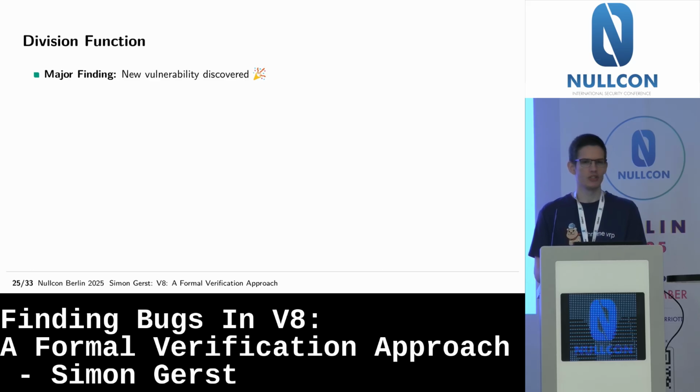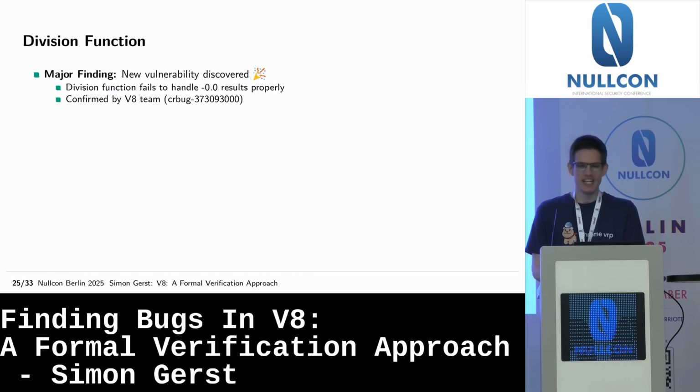And yeah, I was lucky enough to find a new bug in the range analysis. And again, the division, I think all the 3 bugs handle the special -0 edge case incorrectly. And my new finding also finds that they handle another edge case incorrectly. And the bug has been confirmed by the V8 team and is currently being triaged.